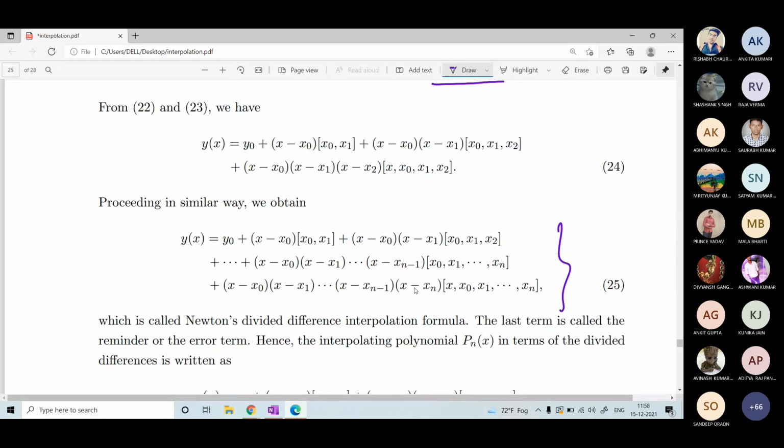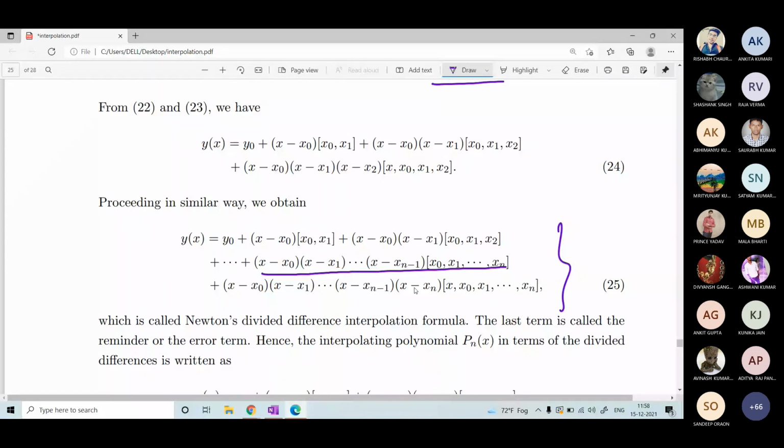And what will be the term before that? This underlined term. That will be the second last term: x minus x naught into x minus x1 up to x minus xn minus 1 into the divided difference of all the known data x naught, x1, x2 up to xn.